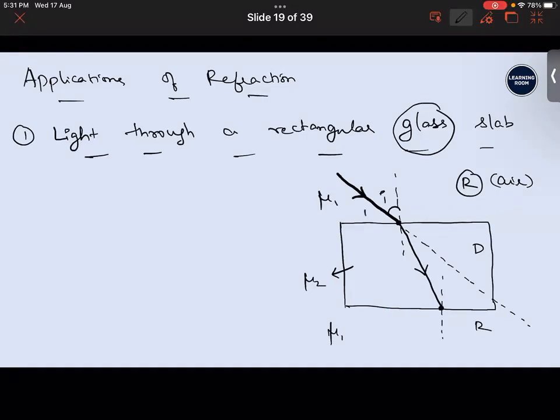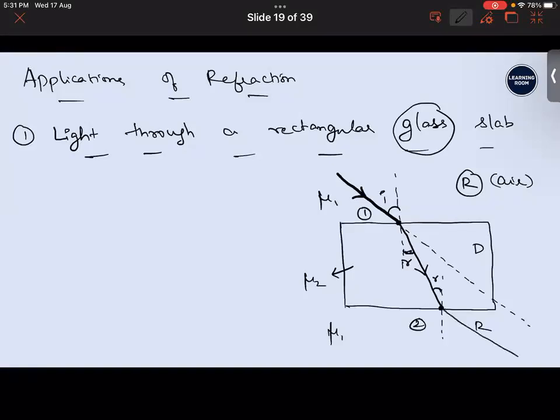So when it starts bending towards the normal, at the second point of incidence, it makes an angle. For example, if you see this angle is R, then this angle will also be R because they are alternate interior angles. Now the light is traveling from denser to rarer medium.